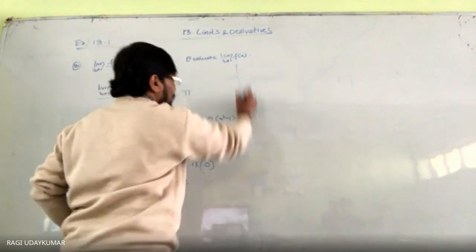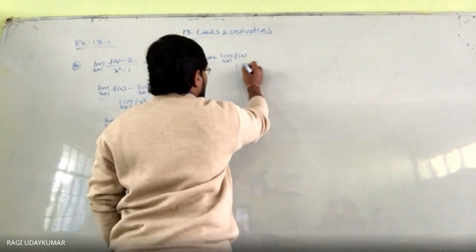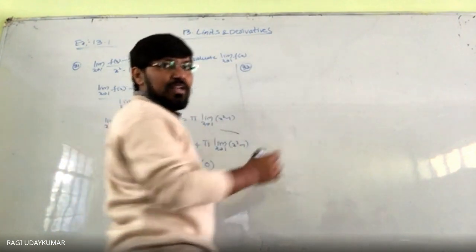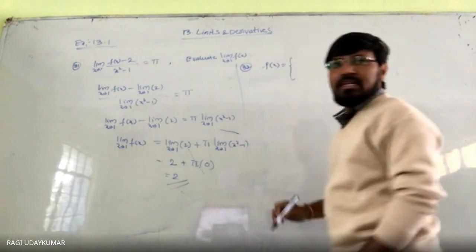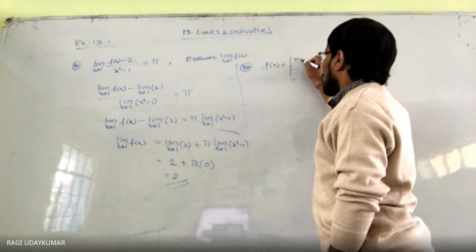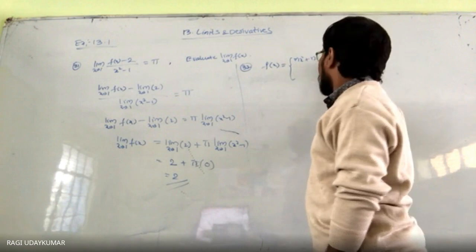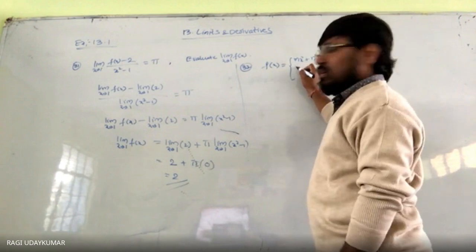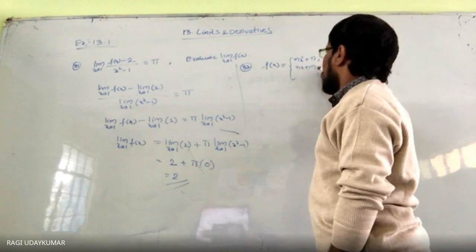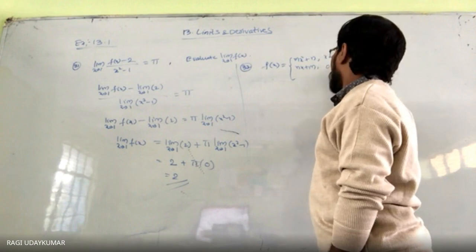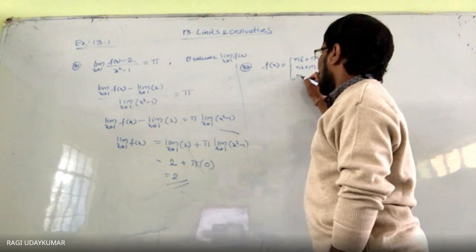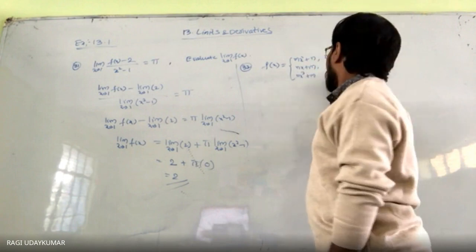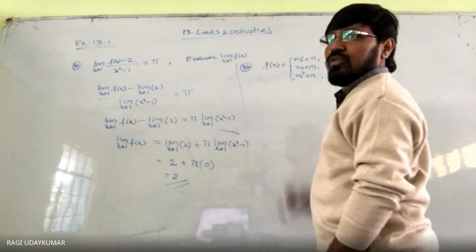I was saying these are repeatedly asked questions. The function is given to you as mx square plus n for x less than 0, nx plus m when it is between 0 and 1 including 0 and 1, and x cube plus m for x greater than 1.